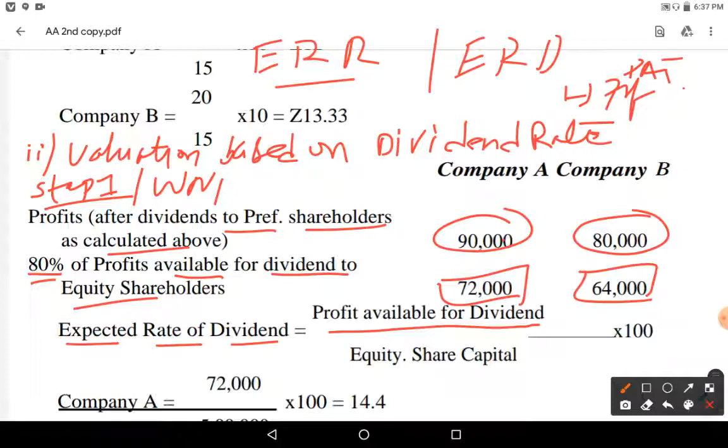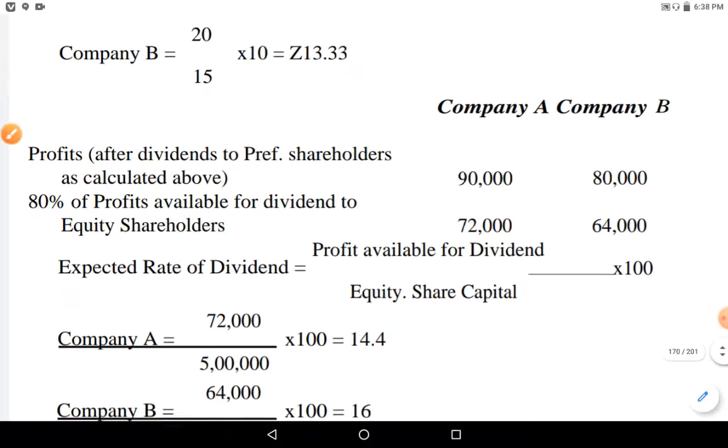Now, out of that, whatever we are going to declare as dividend, that profit only we consider in the dividend rate method. So profits available for dividend 72,000 and 64,000 for company A and company B, divided by respective capitals 5 lakhs and 4 lakhs.